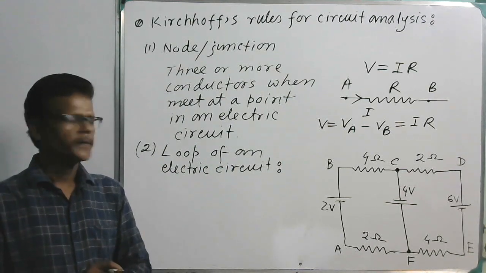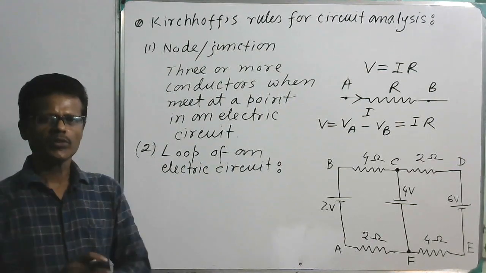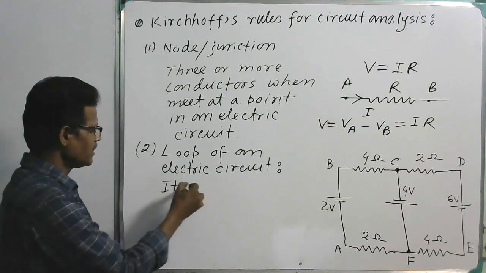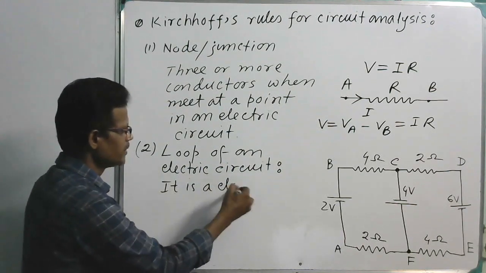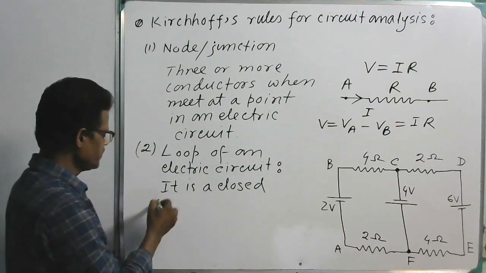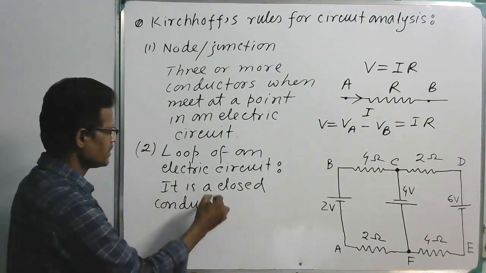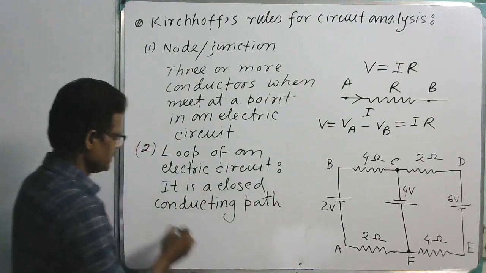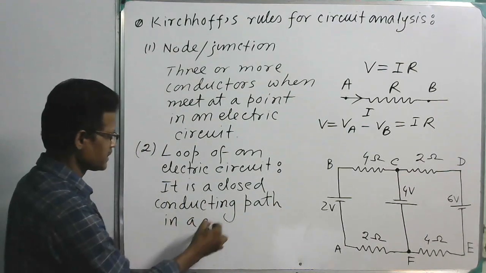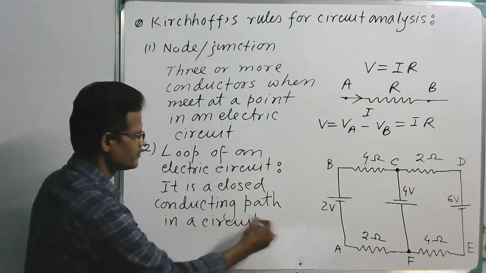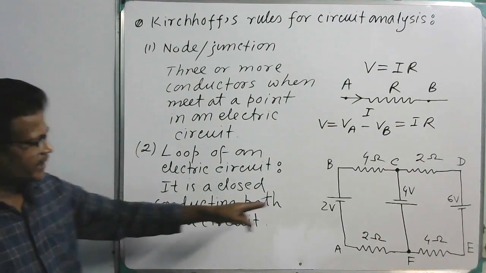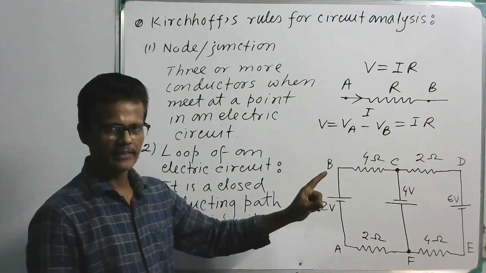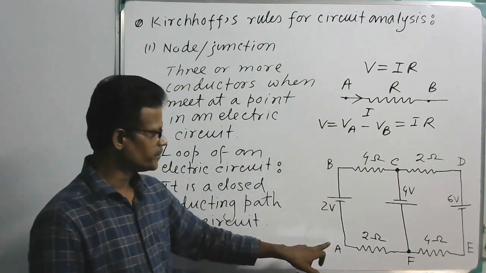In a better way, it is a closed conducting path of an electric circuit. For example, here in this circuit, how many loops are there? How many closed paths are there?